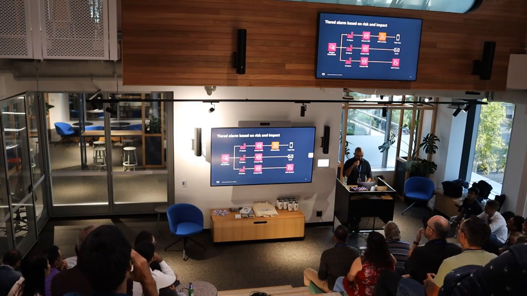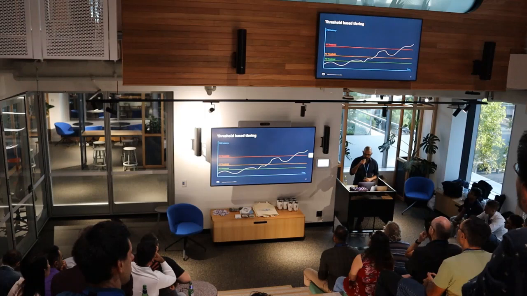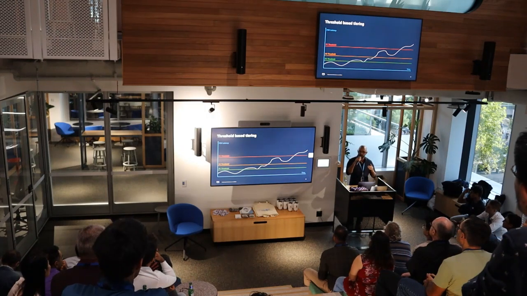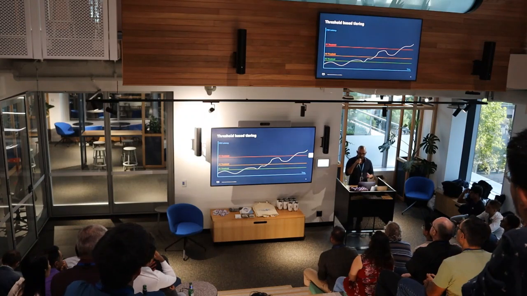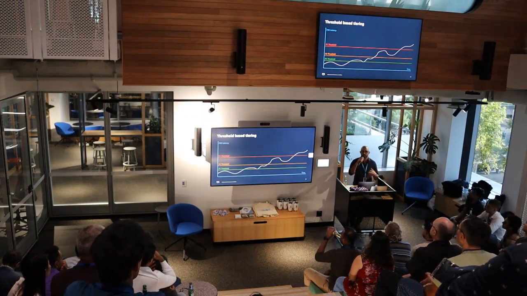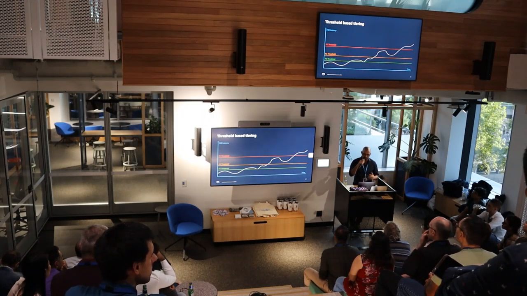When you implement that, there are a few different ways you can do it. One is setting different thresholds on a metric. In this example, we're tracking P99 latency. So what's the latency for 99% of my customers coming to my website or my app?